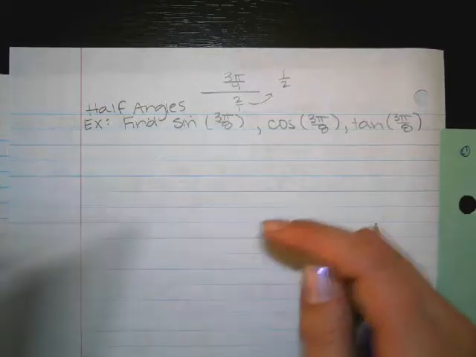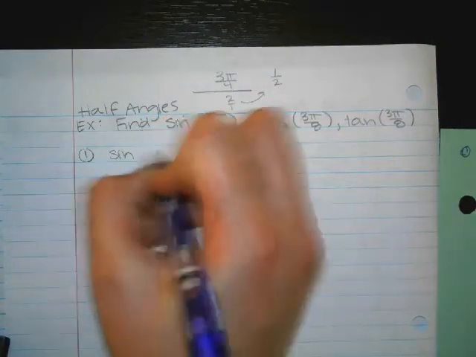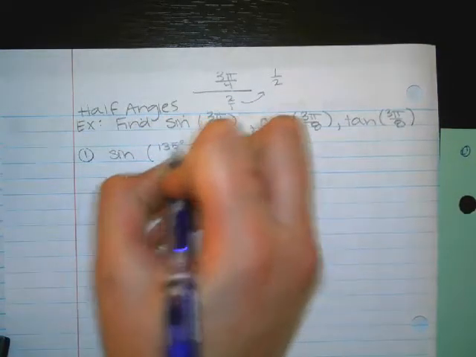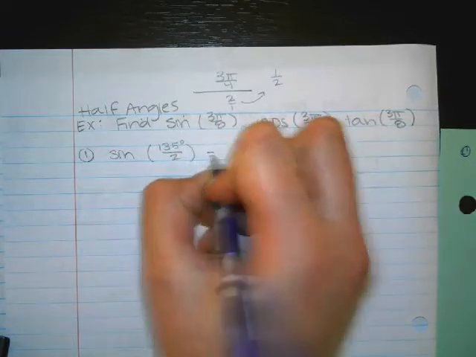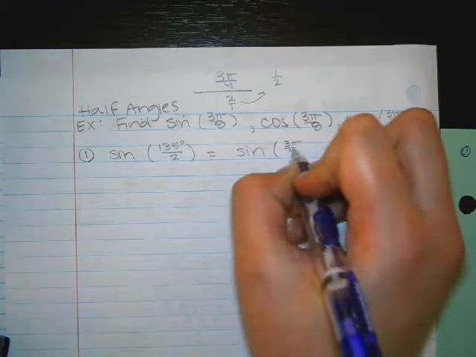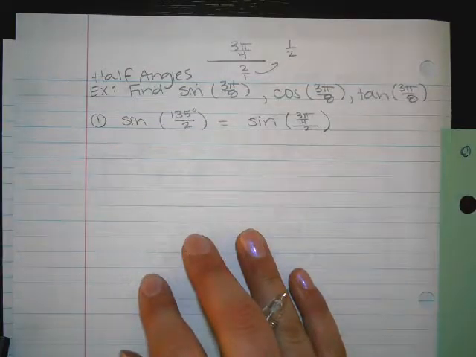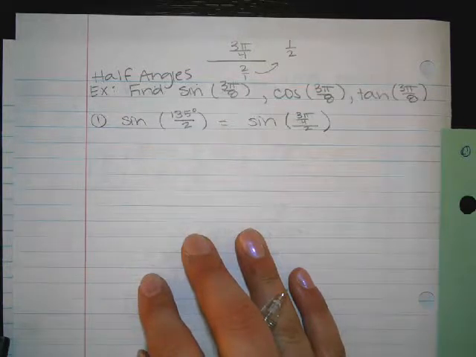So when we think of this problem, the first version is going to be sine of 135 degrees divided by 2, also known as sine of 3 pi 4ths divided by 2. Whichever way you choose to think of it is fine. So 135 degrees divided by 2, 3 pi 4ths divided by 2.